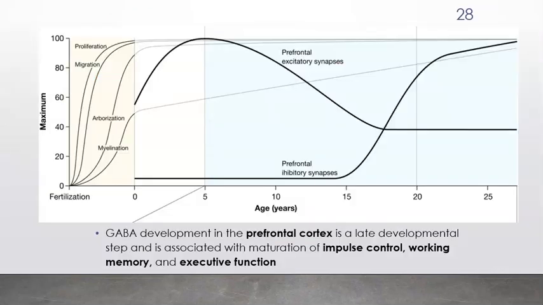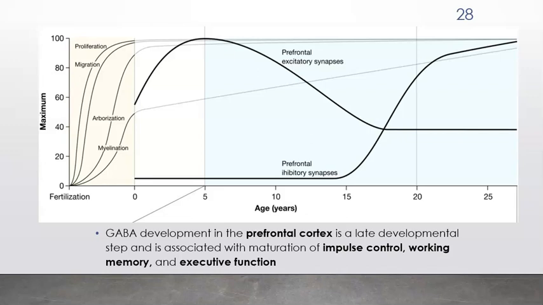Now, what is the role of GABA in development? I kind of mentioned this a little bit in Monday's lectures, but GABA plays a large role in development, especially because as we get older, we develop more inhibitory systems, which is what leads to what we call maturation.